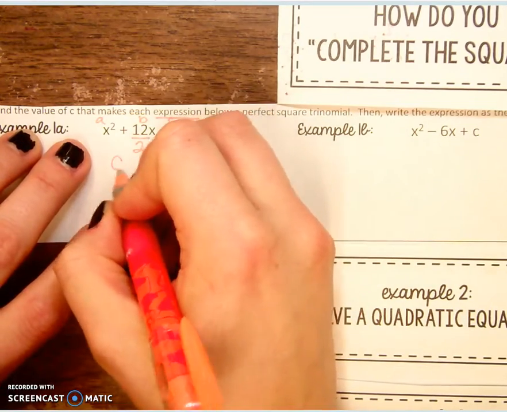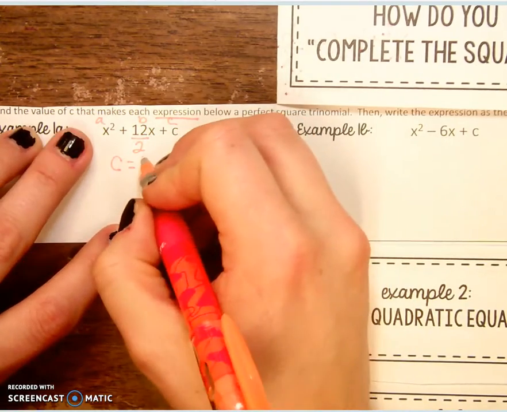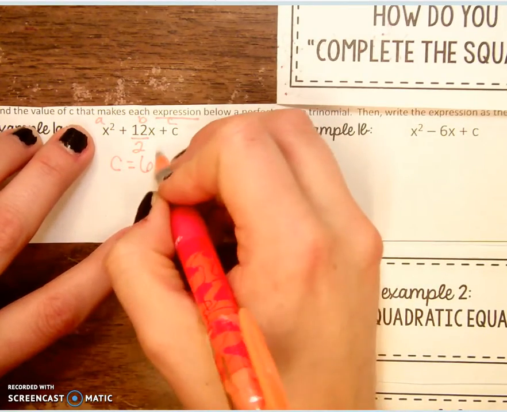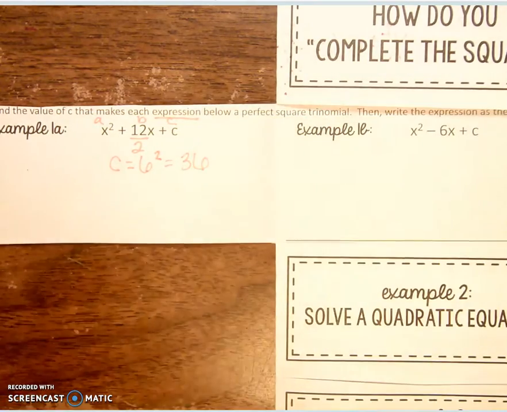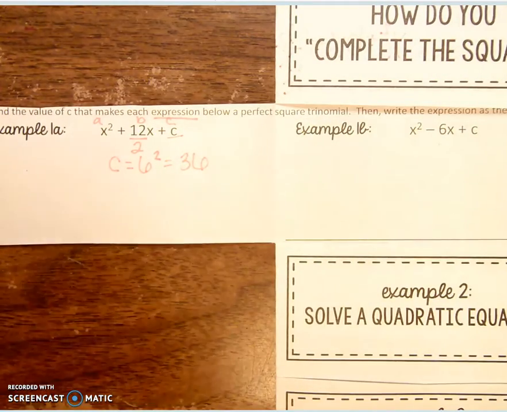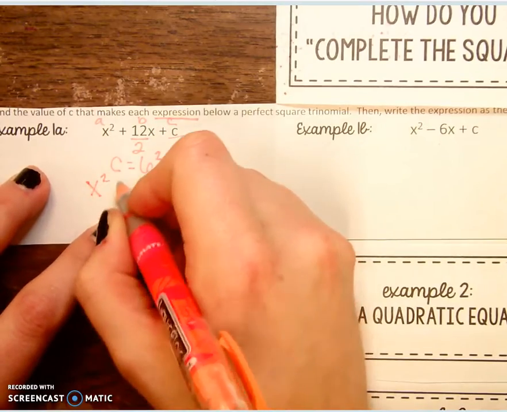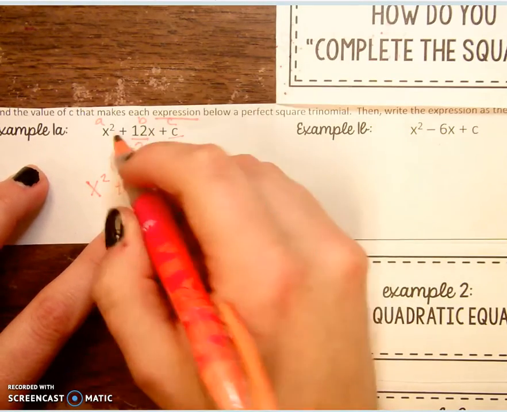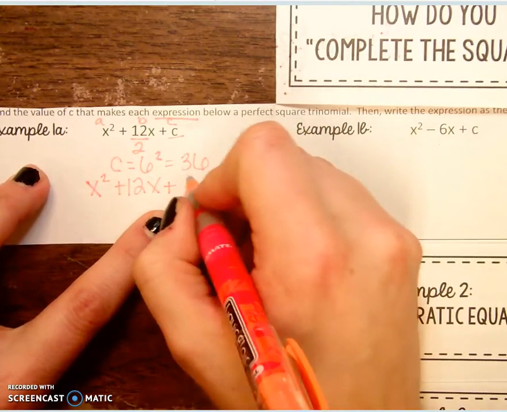Okay, so c is actually, 12 divided by 2 is 6. But we also have to square it. So c is 36. That's how I found what c should be. So now I'm going to rewrite it as x squared plus 12x, plus now I know c is 36.